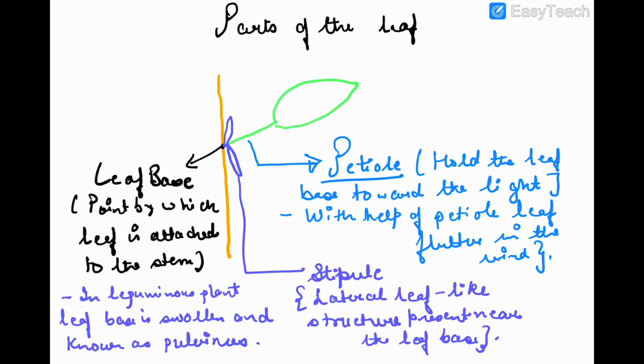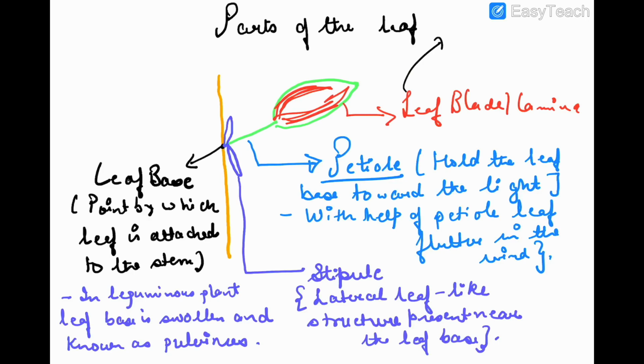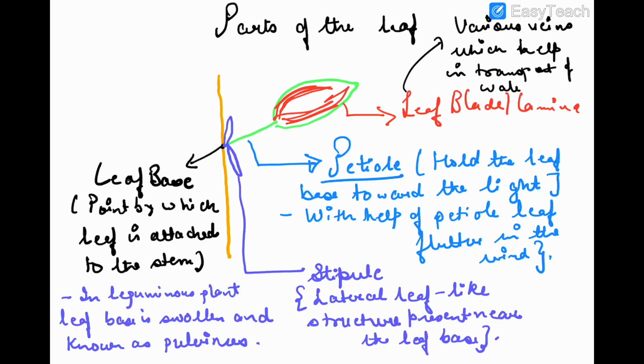Now this part of the leaf, which I am turning red, is known as leaf blade or leaf lamina. This leaf blade or leaf lamina consists of various veins which help in transport of water and minerals.